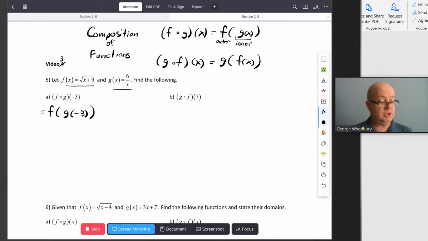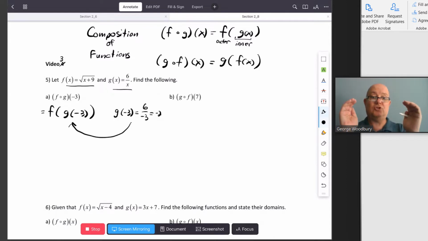Now I need to figure out what g of -3 is, so I'm going to do that over here to the side. G of -3, the function was 6 over x, so that's 6 over -3, which is -2. That value of -2 is going to come back in here to replace g of -3. So this becomes f of -2.